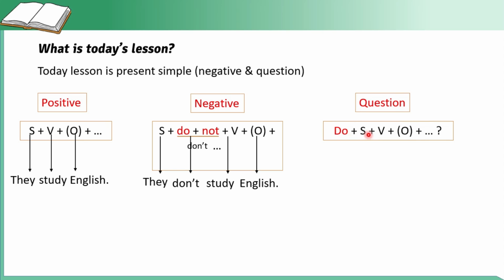Question, do plus subjects plus verb plus objects. Example, do subject they, verb study, objects English and question mark. Okay, do they study English? So this is the question form.